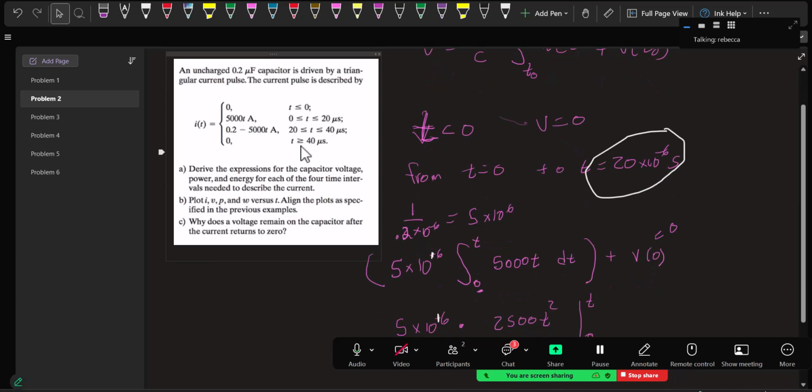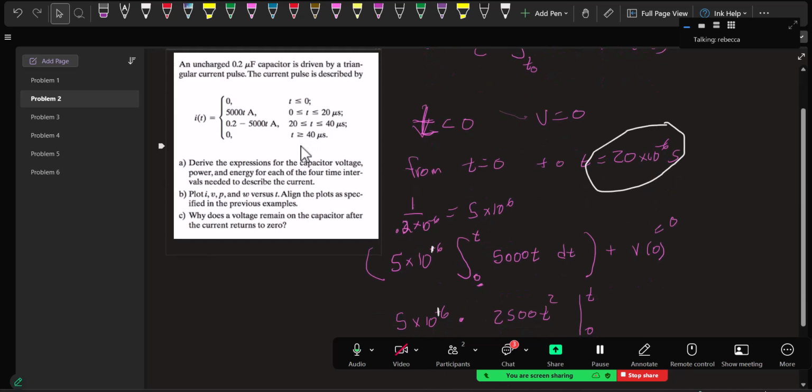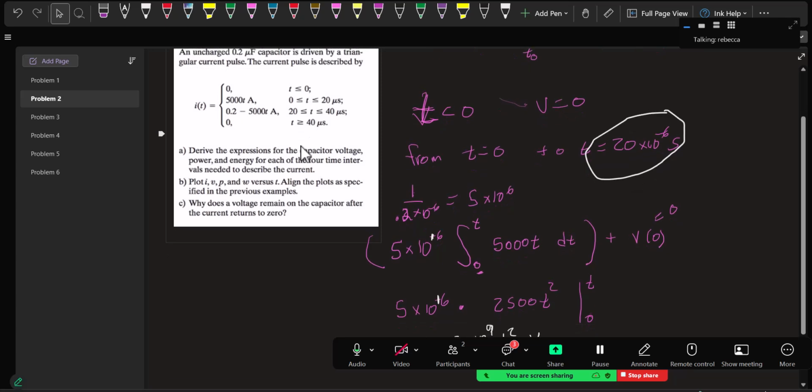Now let's look at our second time period, which is from 20 to 40 microseconds: 20 microseconds less than t less than 40 microseconds.